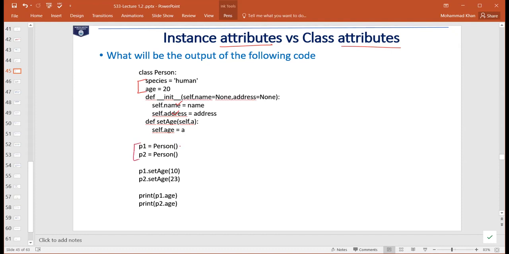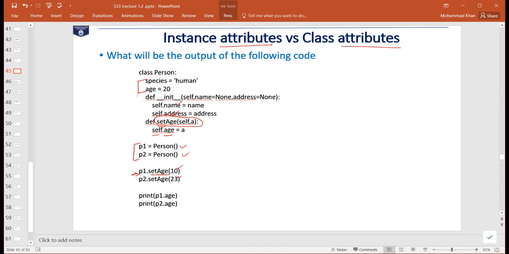So we are creating two objects, and we are calling the set age method. We are setting self.age with the value passed in when we call this function. For P1, we are trying to set the value of self.age to 10, and for P2 it's 23.